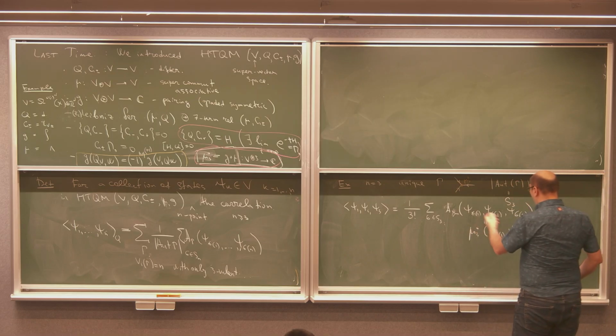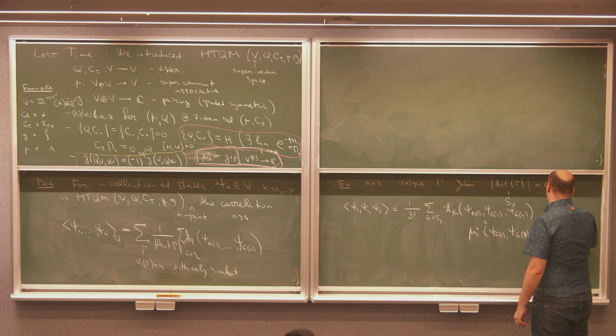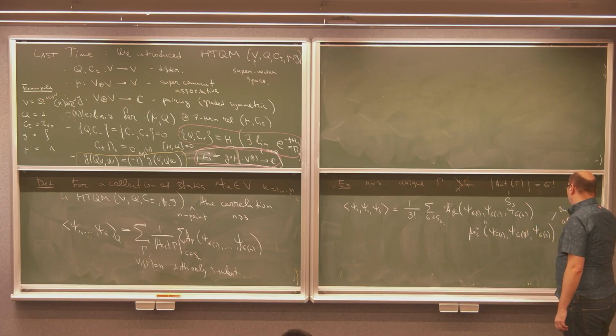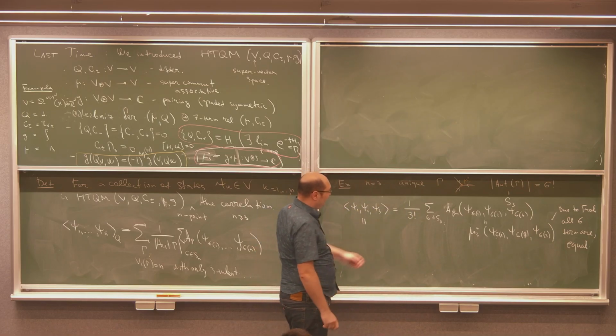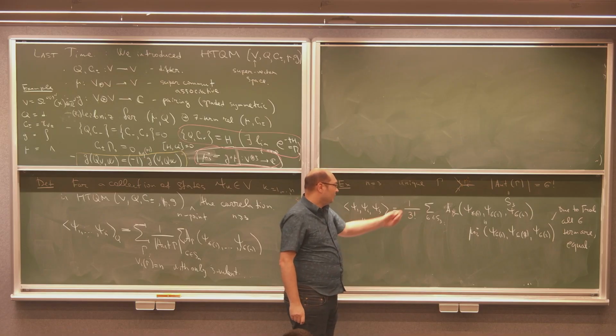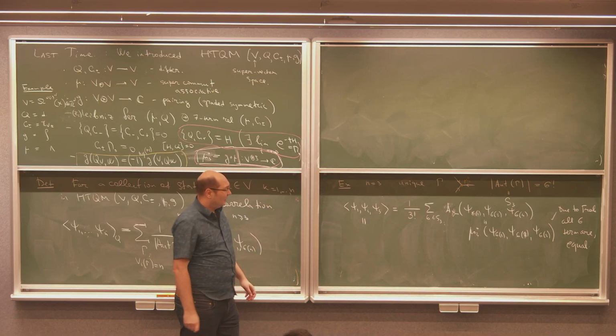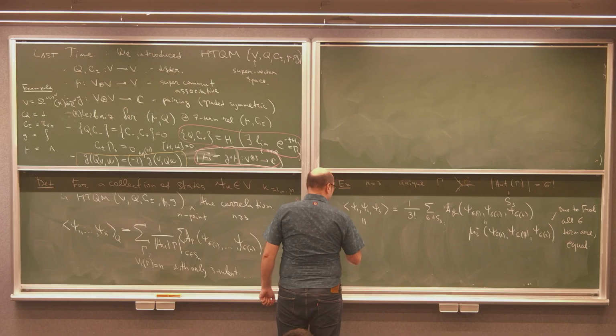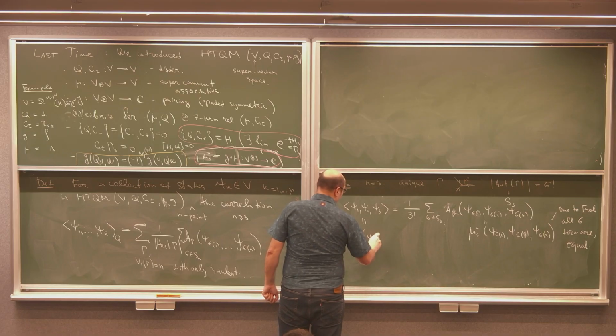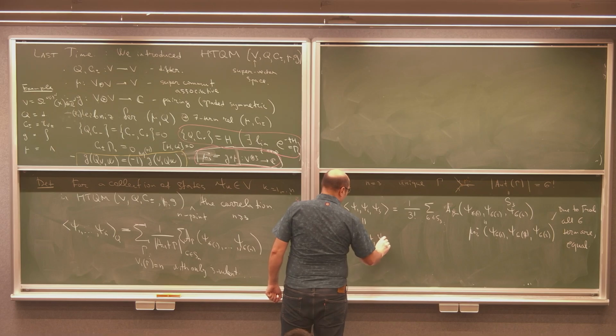So it means that all 6 terms are the same. Due to the Frobenius property, all 6 terms are equal. Therefore this amplitude simplifies. We have exactly 1 over 3 factorial, so 1 over 6, and 6 identical terms. Therefore this 3-point function is simply mu3 applied to the product of these 3 things.